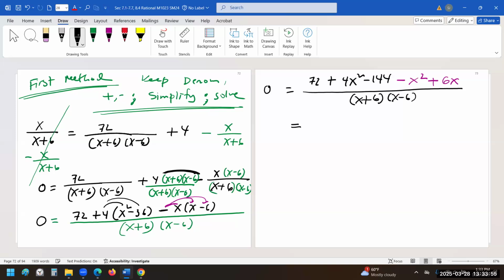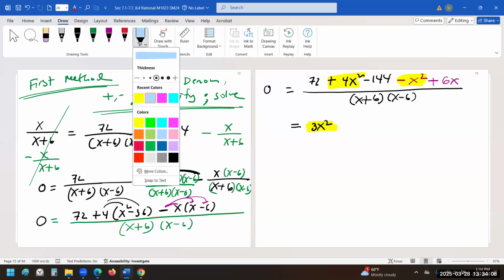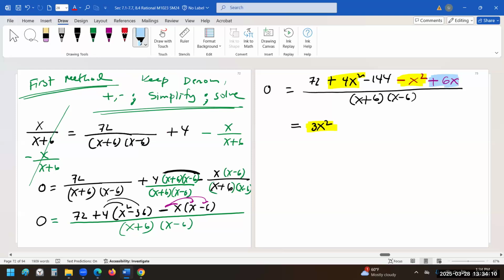And let's see, now comes simplifying. Plus 4x squared minus 1x squared. How many x squared do we have? 3x squared. And now Julian, we have a problem. We have plus 6x. Julian, what do you have? That's a mistake.